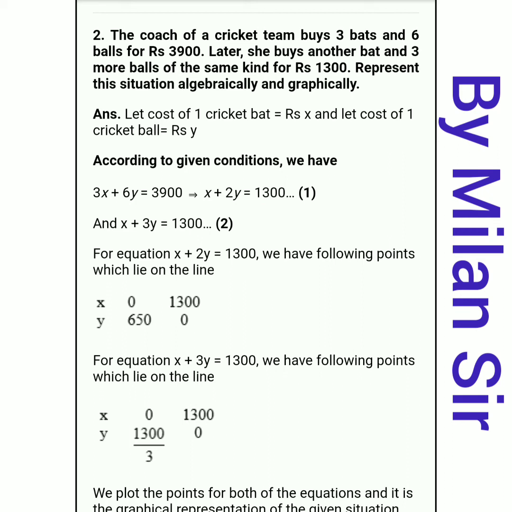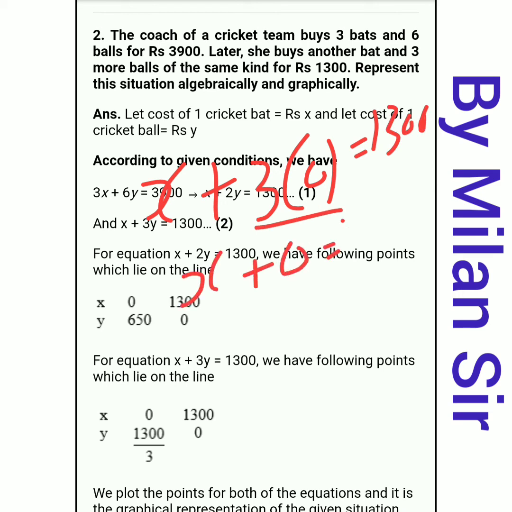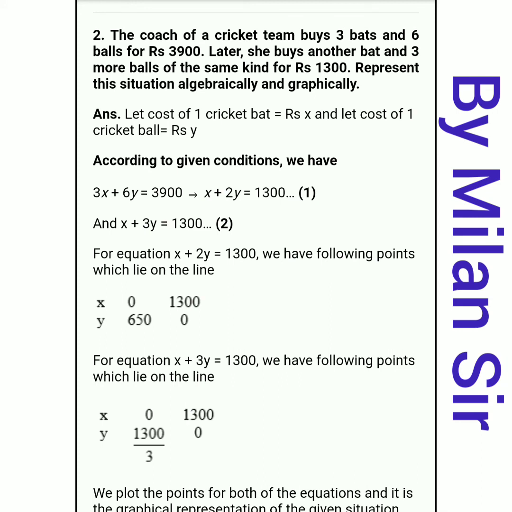So x plus 3 times 0 is 1300. Again 3 into 0 is 0, so here too we get x equal to 1300 when y is equal to 0. So this is the coordinate of the second point. In the first case we put x equal to 0 and found y equal to 1300 by 3. In the second case we put y equal to 0 and got x equal to 1300. Now we can draw the graph of these two lines.